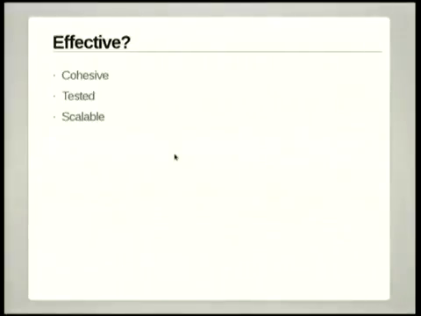So what do I mean by effective Django? There are three things that I really hope you take away from this afternoon, and that is that there are ways to use Django that get you up and going really quickly, but they wind up causing problems down the road.